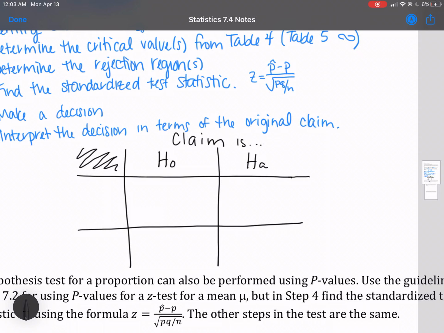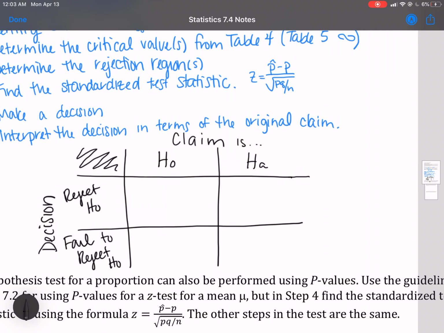And then we're going to have our decision. So our two decisions are either to reject the null hypothesis or fail to reject the null hypothesis. Okay, so based off of this, you can easily determine your decision or interpret your decision.